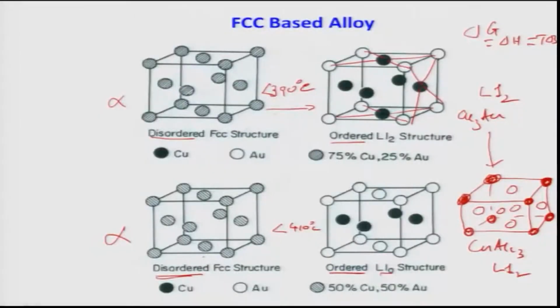So, that means a B2 structure is nothing but two interpenetrating simple cubic unit cells, one occupied by the iron atoms, the other one occupied by the aluminum atoms. You can always think of it that way. Once you have that kind of structure, we can extend this to other structures, like in the case of L12 structures, where we can think of 4 different sublattices.